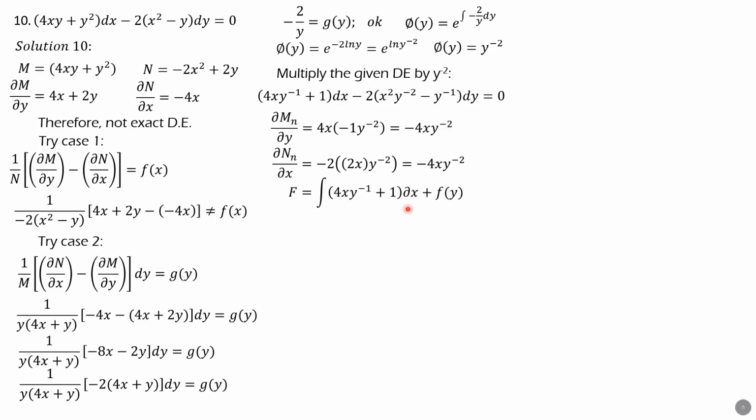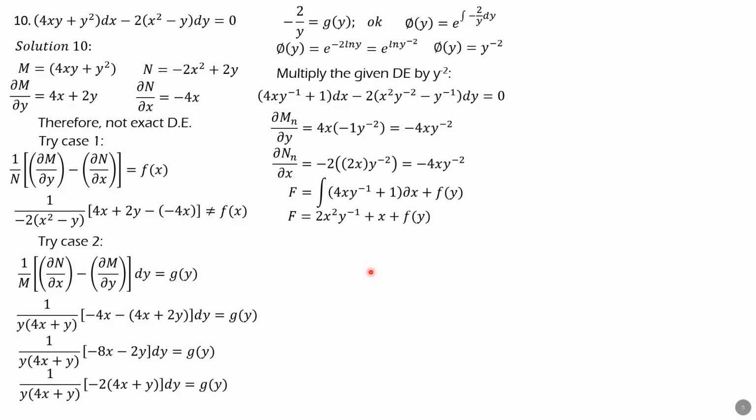So with respect to x, y to the negative 1 is constant. The integral of 4x dx is 4x squared over 2, or 2x squared. So this is 2x squared y to the negative 1 plus x, the integral of 1 dx, then plus f of y.